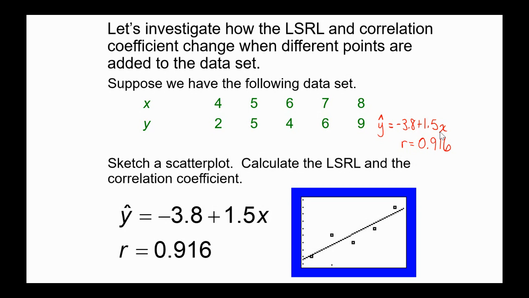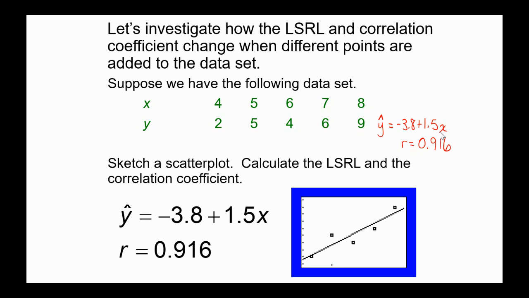Okay, so now let's see what happens. Here's what I want to do. Do I have a volunteer that wants to add the point 5, 8 to their data set? I'm going to need 3 volunteers so we can get through these quicker.